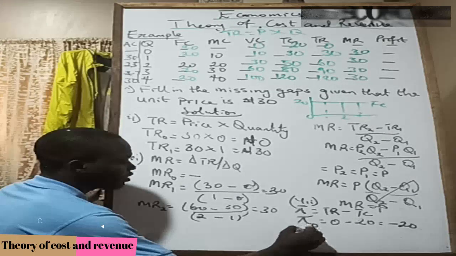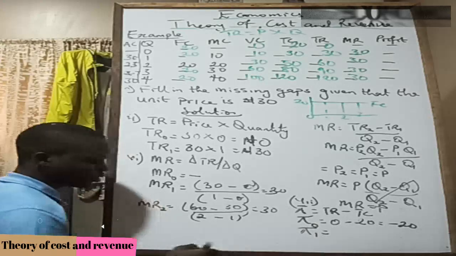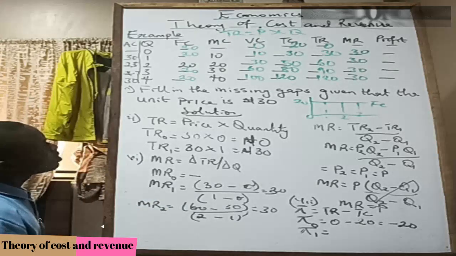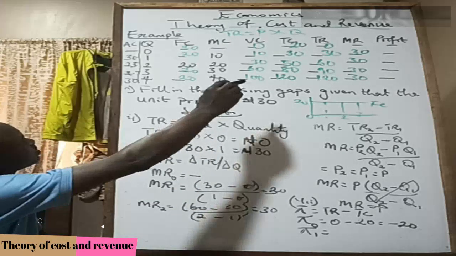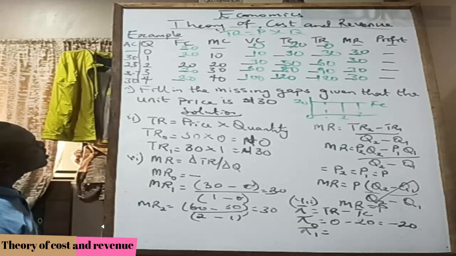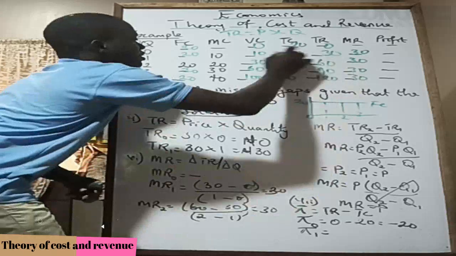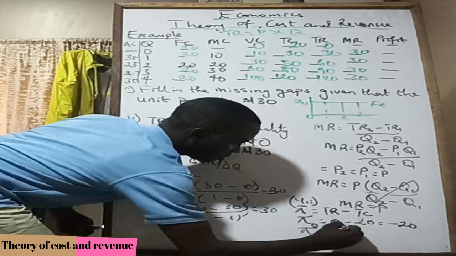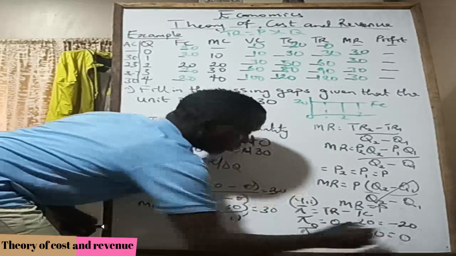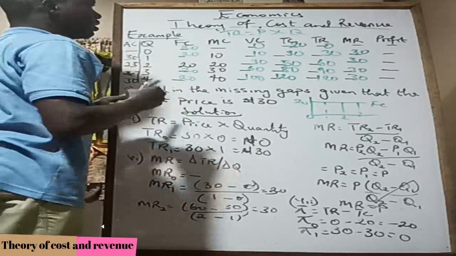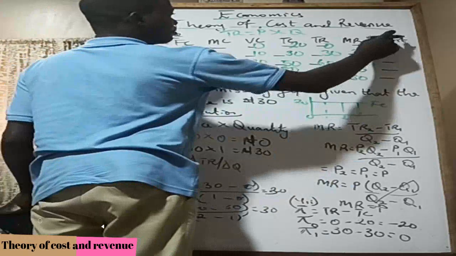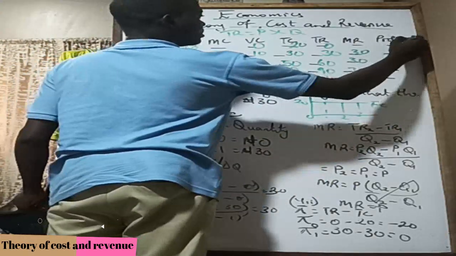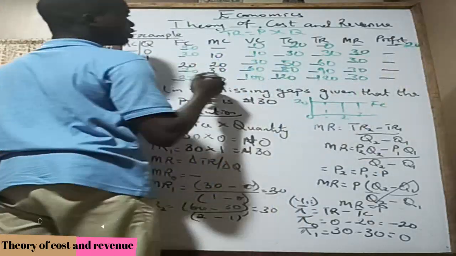Then you have the first profit, which is going to be equal to your TR, which is 30, minus 30. That's zero. TR minus TC, this minus this. So 30 minus 30 equals zero. Then you continue like that. So here the profit is negative 20 due to the fixed cost.